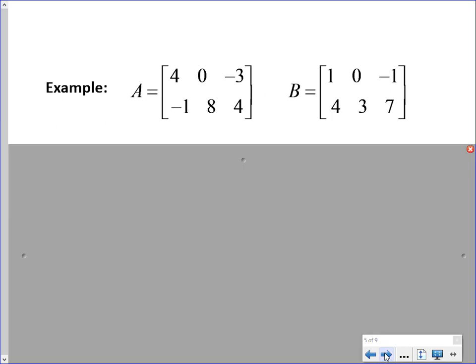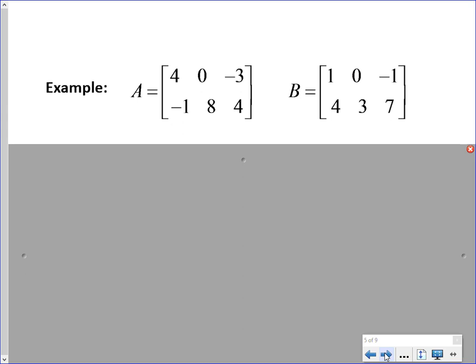So in my example, I'm going to say that matrix A is first row 4, 0, -3, second row -1, 8, 4.